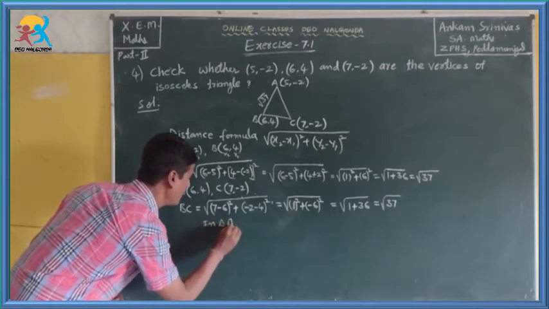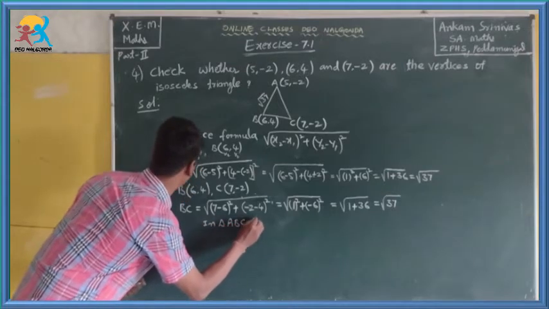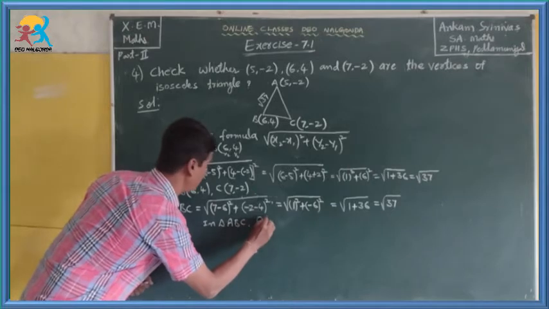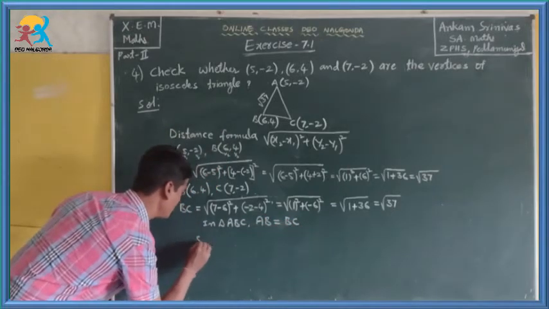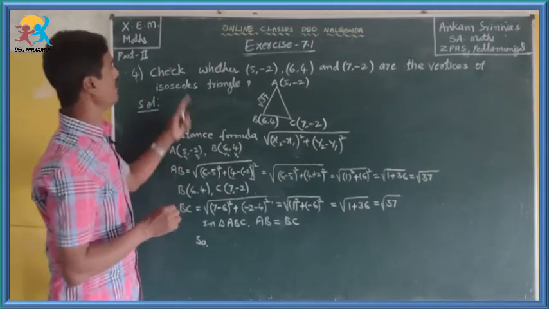In triangle ABC, AB equal to BC. So what we have to prove?